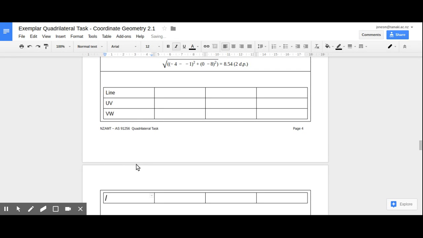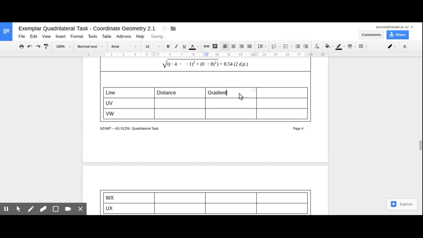We've got our next line, which is WX, and our last line, which is UX. Okay, so we've got all our lines there. Now we're going to look at distances and then the gradients of these lines.